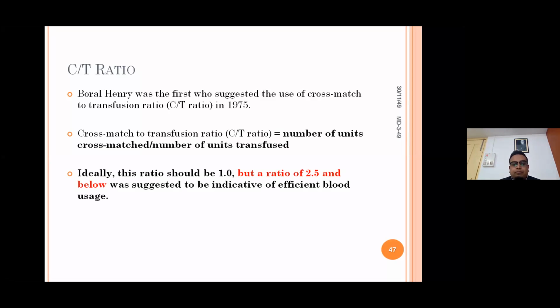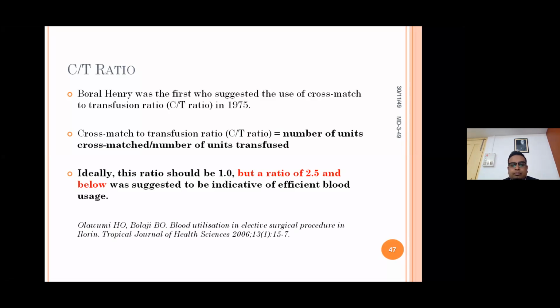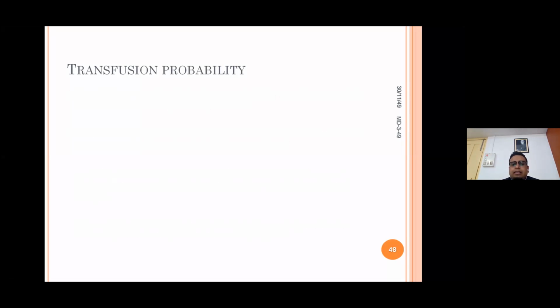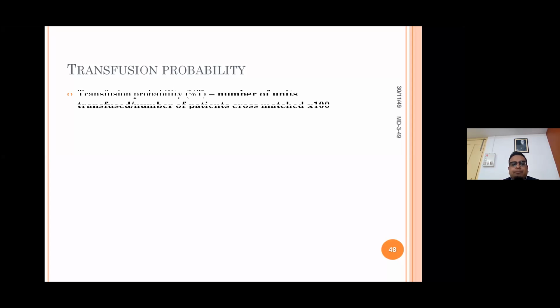Now, ideally this ratio should be 1, but it has been decided that a ratio of 2.5 and below is indicative of efficient blood usage. So if it's 2.5 and below, it is ideal. This is the reference from which the CT ratio comes. Next is the transfusion probability.